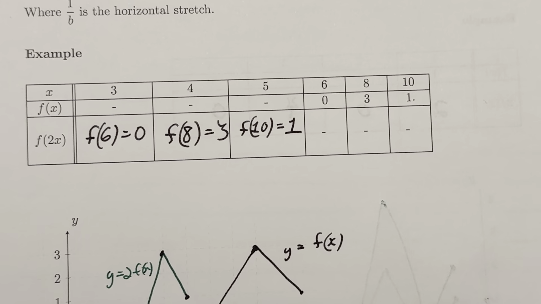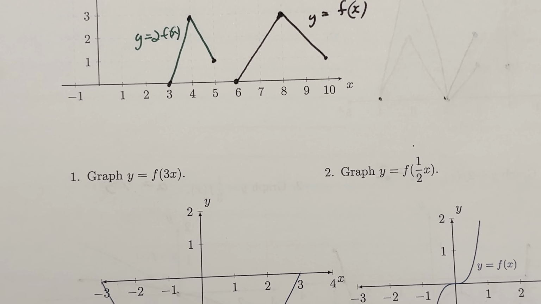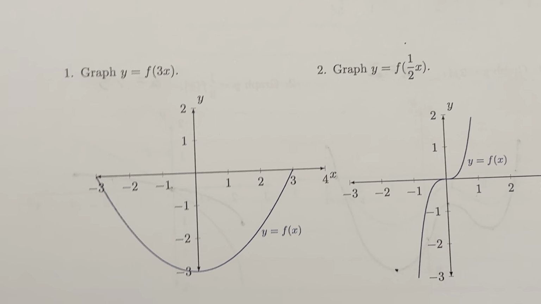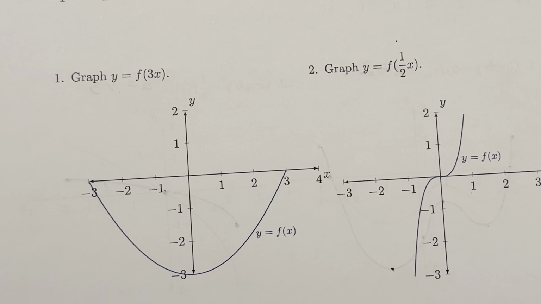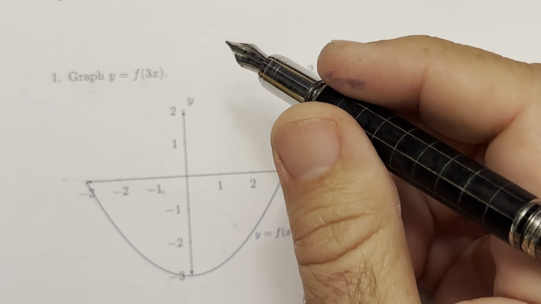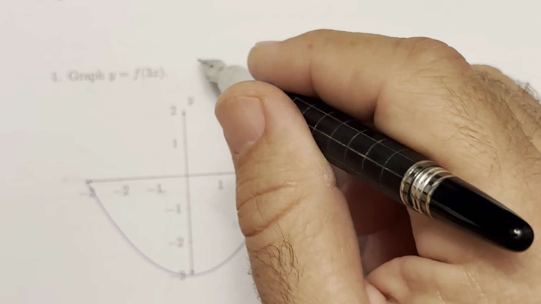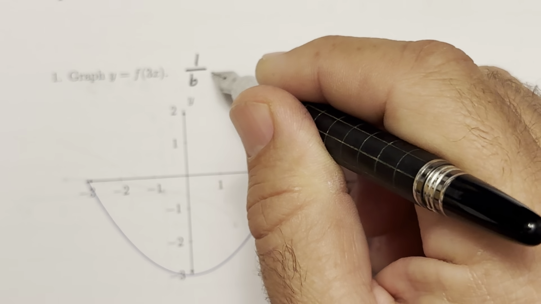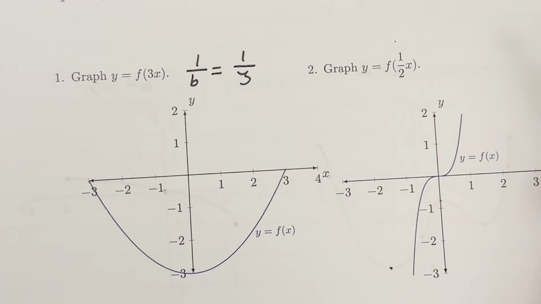Let's go ahead and put this into action now that we understand it a little bit better. So here, we're graphing y equals f of 3 times x. So that means our stretch is not 3, but it is 1 over 3.